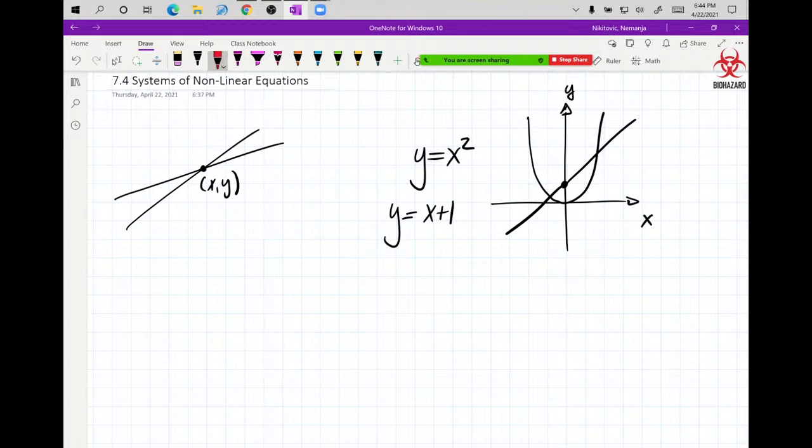And as you can see, it creates two solutions where they intersect like this. But they don't have to intersect like that. They can intersect in a single point.